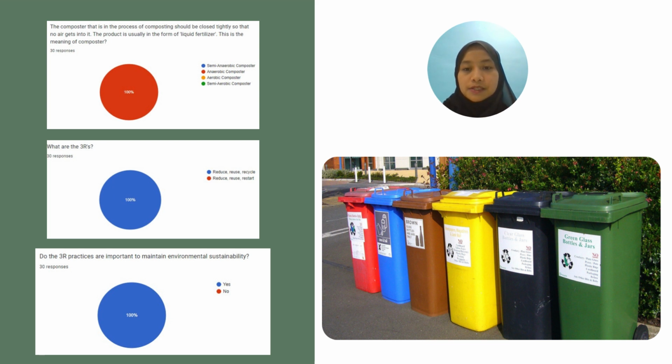For question 7, a total of 30 respondents strongly agree that 3R practice is important to maintain environmental sustainability, and this shows that all students have a good basic knowledge in environmental sustainability.